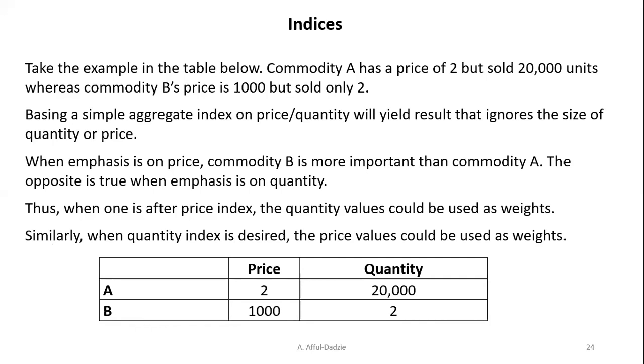Now, if you base this argument on a simple aggregate price or quantity index, you yield results that ignore the size, by which I mean the quantity and the price of the commodity. It is obvious that if you're buying a gold necklace versus a fake polished gold dust necklace, the differences will not be the same.